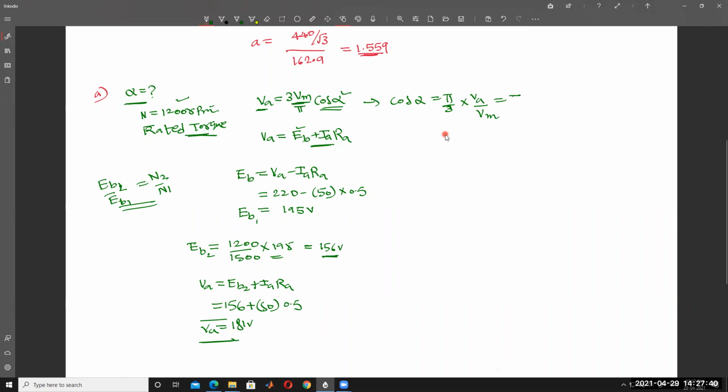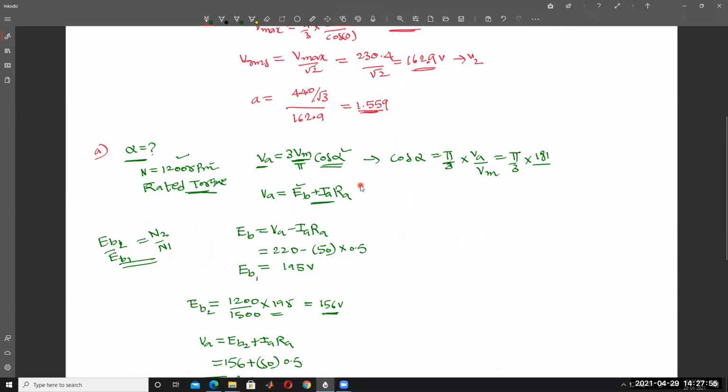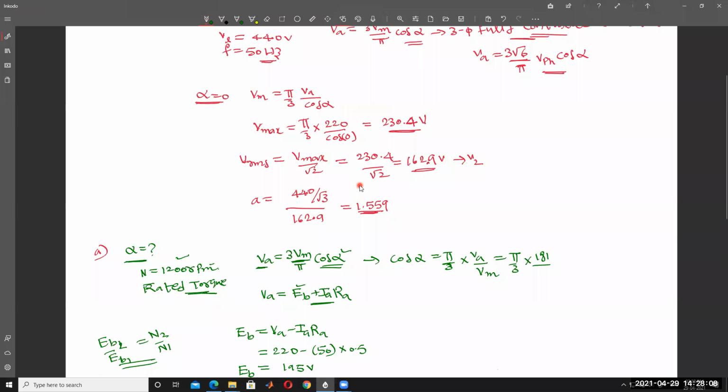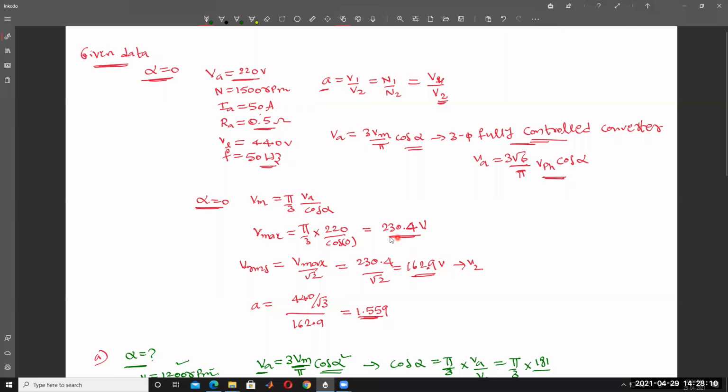So pi by 3 into VA, where VA is 181, divided by VM. VM is equal to 230.4.